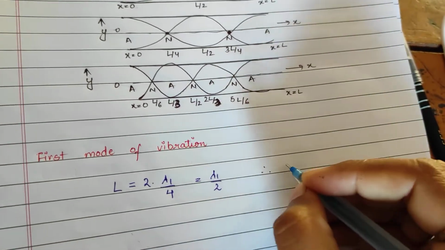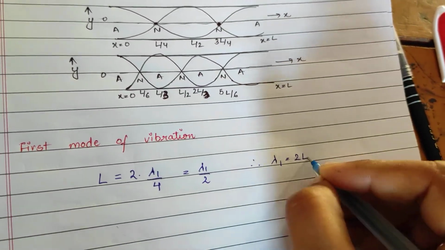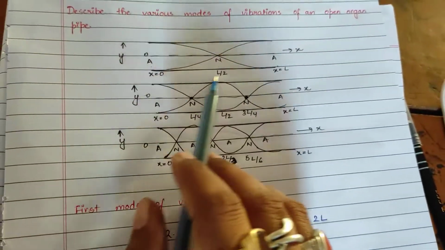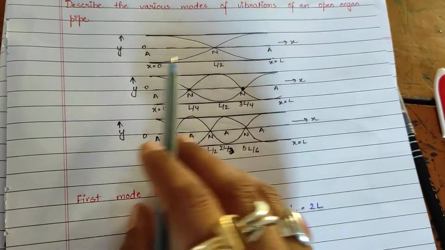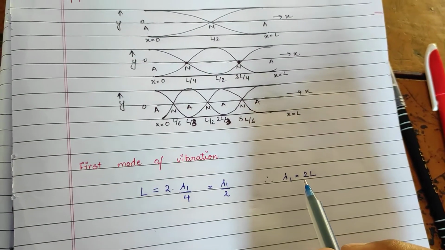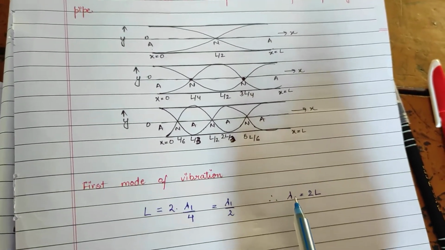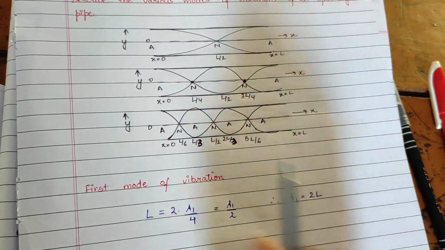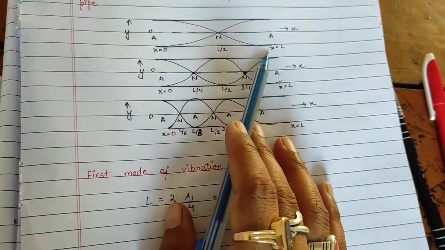From here you derive that lambda is equal to 2L. Sorry, the wavelength is 2 times the total length of this organ pipe.